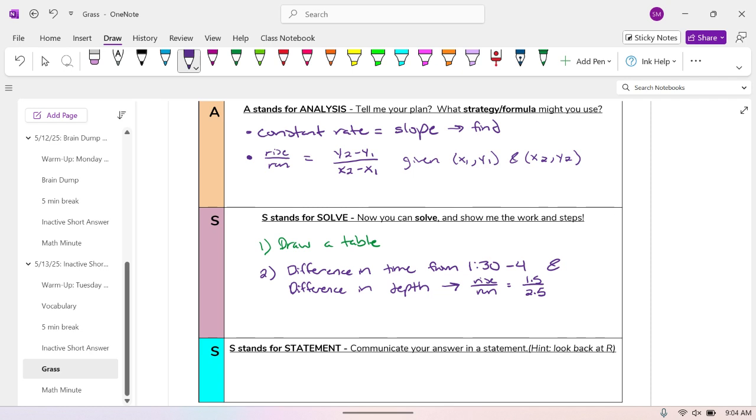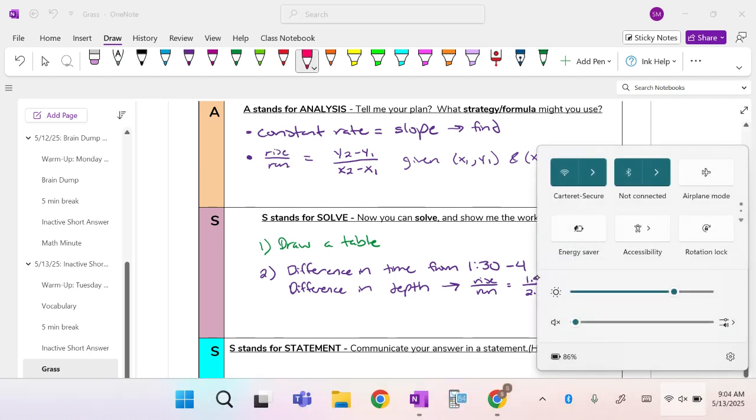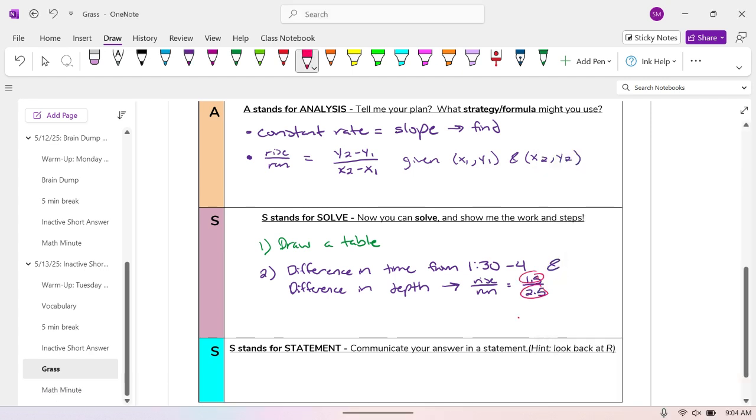Now, you may be like, okay, there's no way we can simplify fractions if we have halves. Let's convert these. So let's convert both of these decimals to improper fractions. All right, what's 1.5 as an improper fraction?